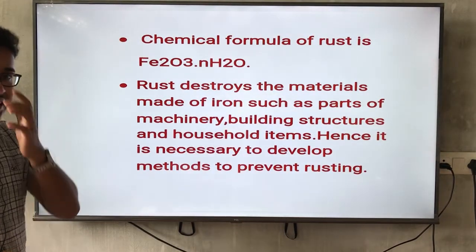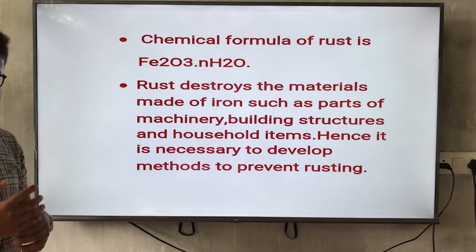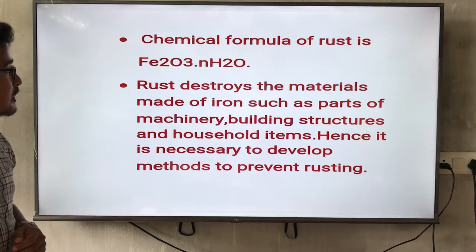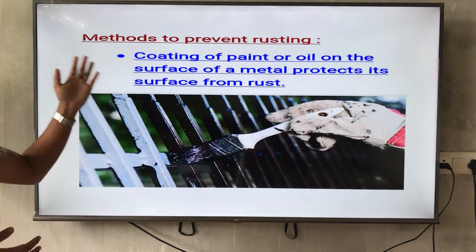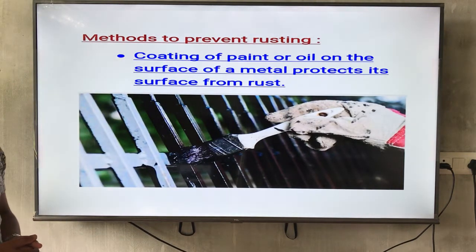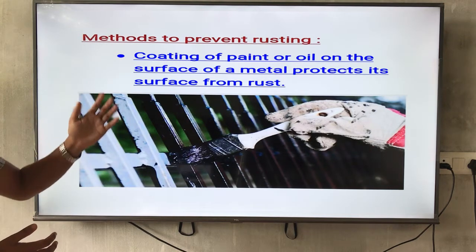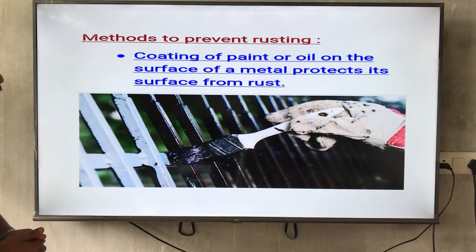So what are those methods? Now we will learn them one by one. Look here. Here are the methods to prevent rusting. The number one method is coating of paint or oil on the surface of metal, and it will protect its surface from rust.